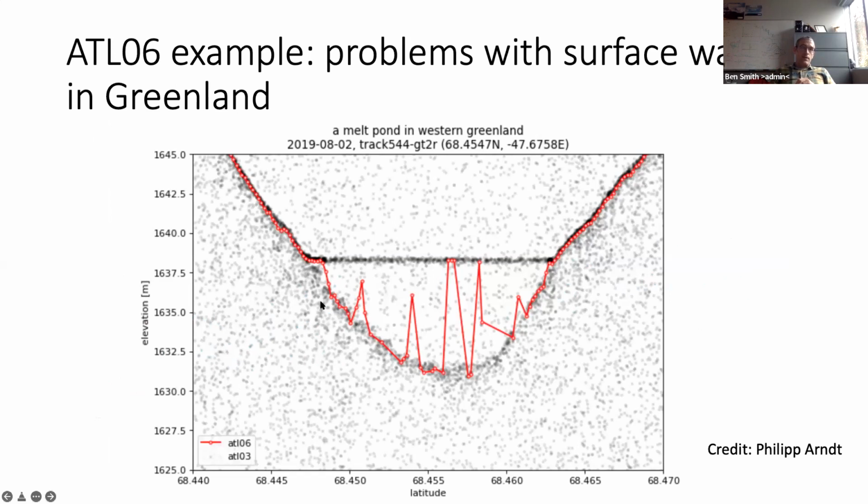ATL06 finds the strongest signal, which is sometimes the lake bottom and sometimes the lake surface, and so the measurement of where the surface is bounces around. ATL06 works well when it's got a smooth, flat surface. Things get a little bit unpredictable when you start throwing different kinds of surfaces at it.